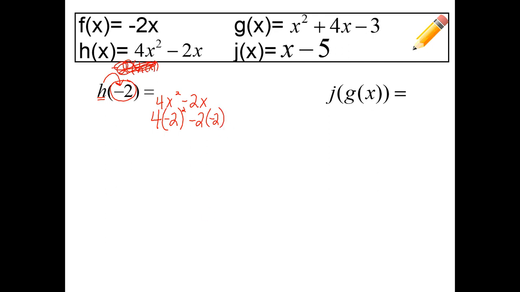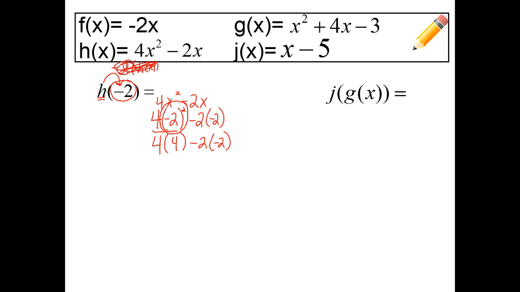Now if we go ahead and calculate this, remember we start with parentheses, then exponents, then multiplying and dividing. That means I shouldn't multiply 4 times negative 2 first. That's not right. I start with these exponents here. I need to take negative 2 squared first. So 4 times negative 2 squared would be 4 times 4, and then minus, and I'm just going to drop the rest down.